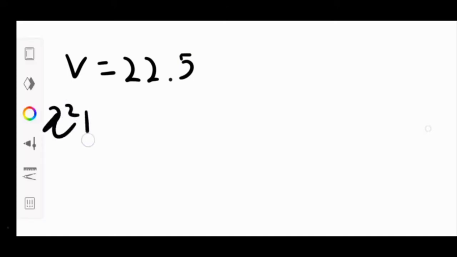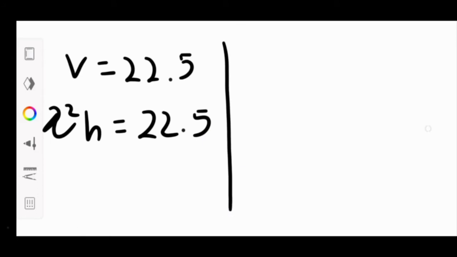Now I'm going to explain to you how to solve the problem that was given. First of all, we're going to put the given info that was in the problem statement, which is the volume, which is 22.5, and volume is also x squared h equals 22.5.